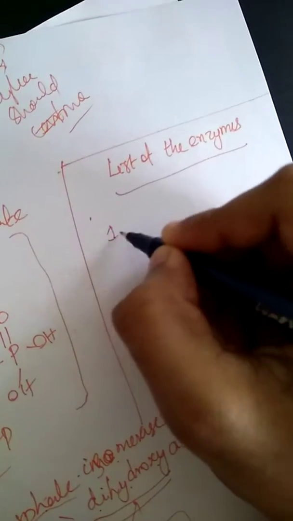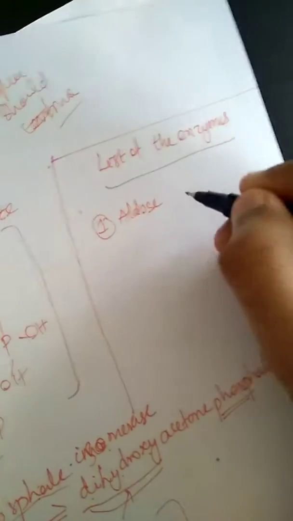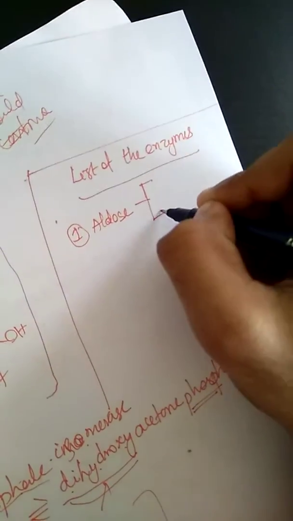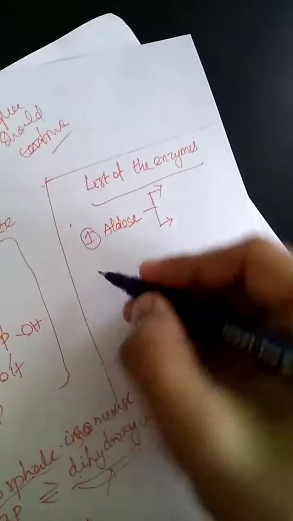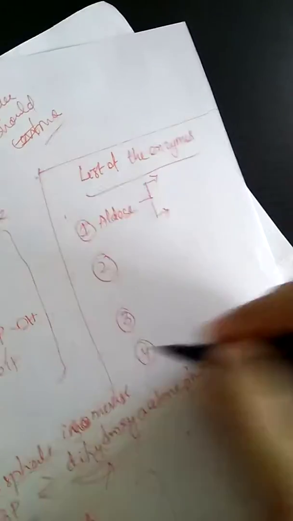First, we used aldolase in steps 1 and 3. This aldolase is used to... let me write down all the enzymes used.